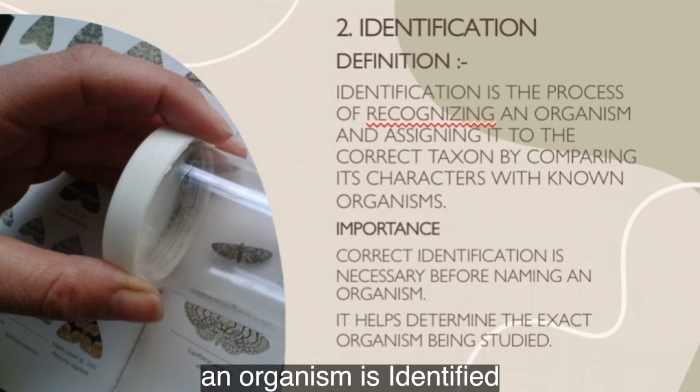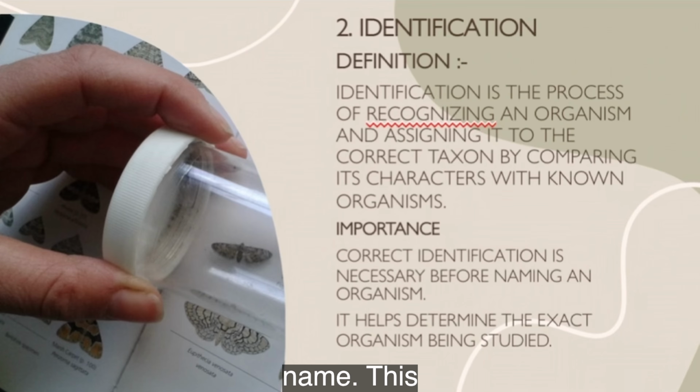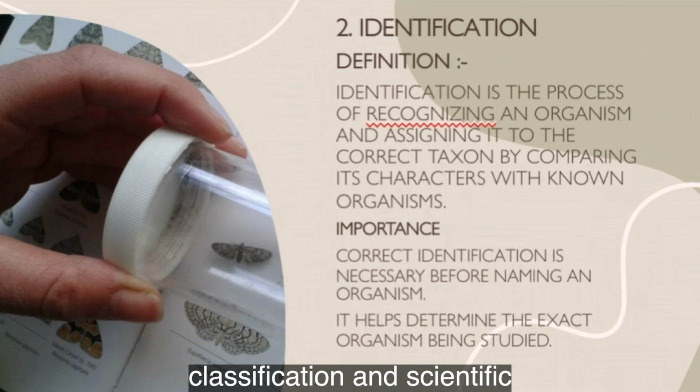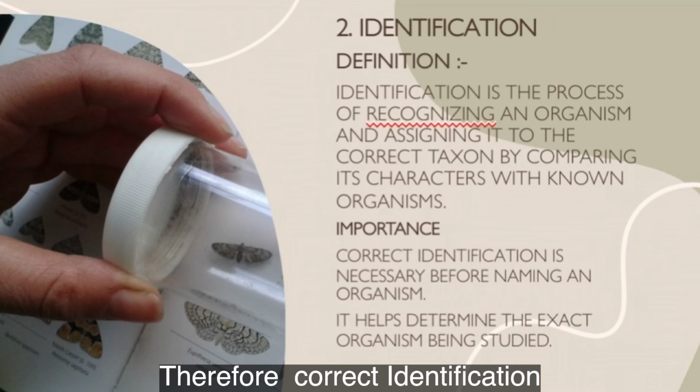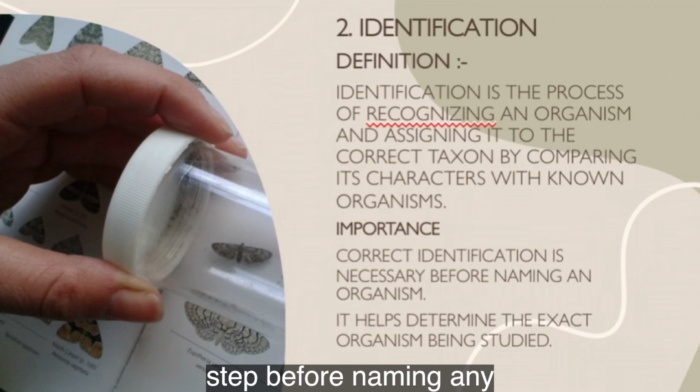If an organism is not identified correctly, it will receive the wrong scientific name. This can create confusion in research, classification, and scientific communication. Therefore, correct identification is the first and most important step before naming any organism.